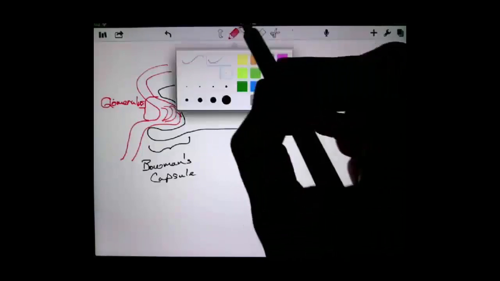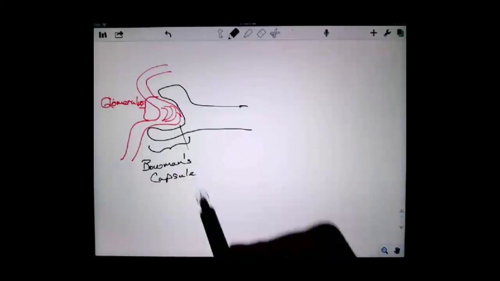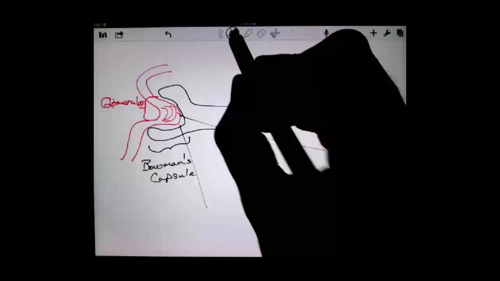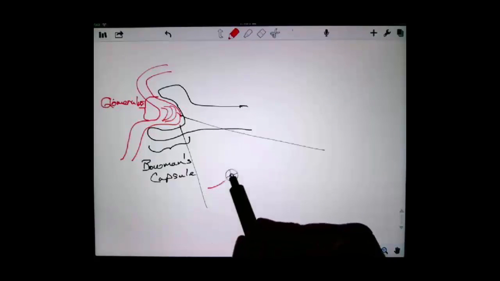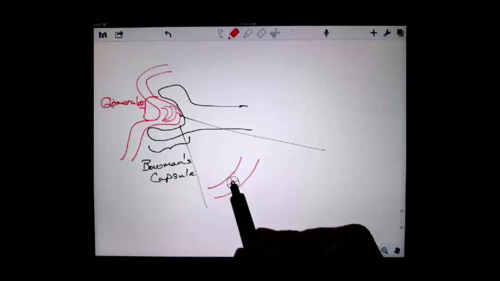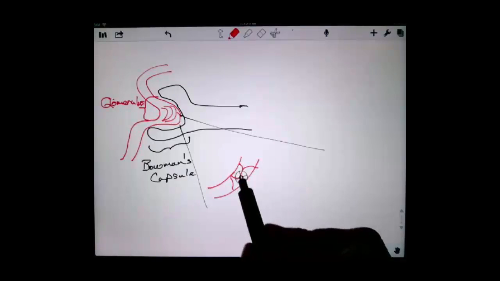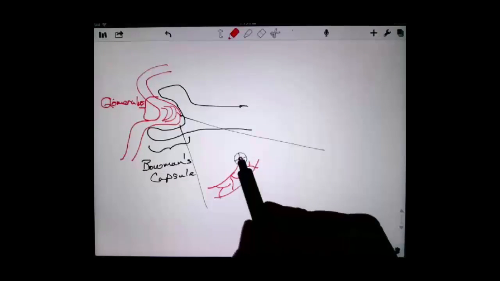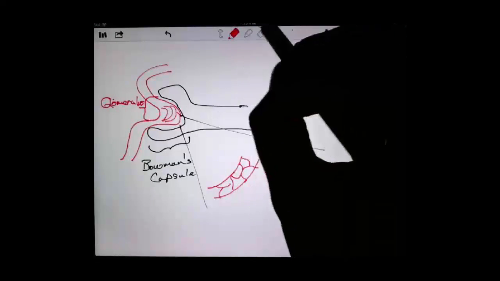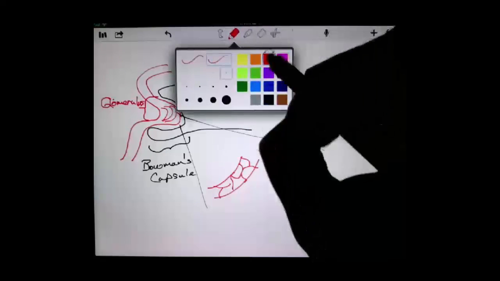If we blew that up, if we looked at it at higher magnification, what we'd see is these capillaries that are leaky. They have gaps between the cells. So here are a bunch of capillary endothelial cells. They have a basement membrane that I'm not showing you.